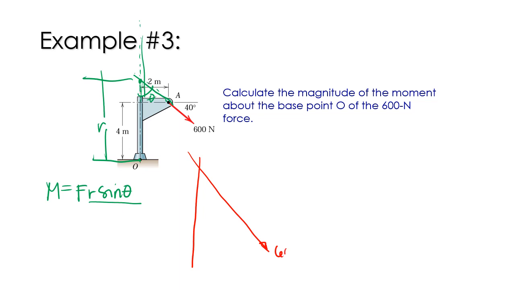So this is 600 Newton and this is our point O. So this is our theta. This is 40 degrees and this is 4 meters. This is 2 meters.